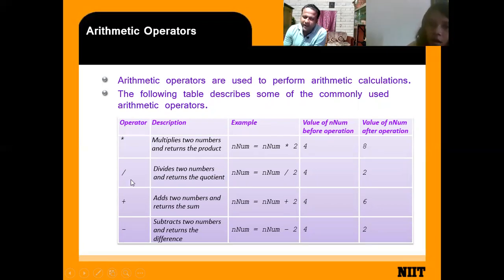Now divide: nNum divided by 2, so 4 by 2 is 2. Now plus: 4 plus 2 is 6. Minus: 4 minus 2 is 2. These are the arithmetic operators we are using.